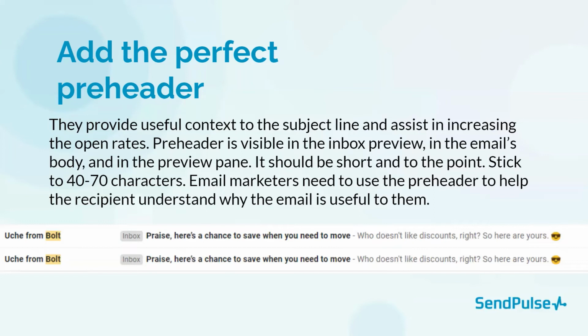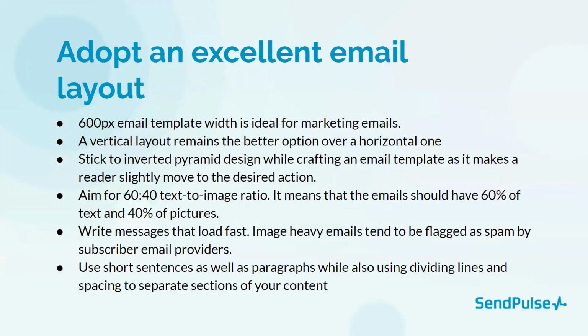Email marketers need to use the pre-header to help the recipients understand why the email is useful to them. Basically give them a little more reason why they need to open your email.